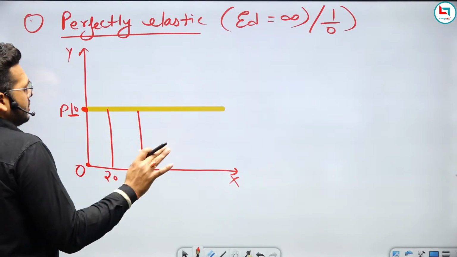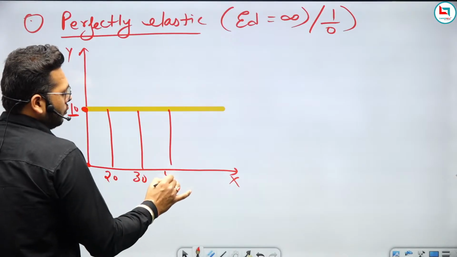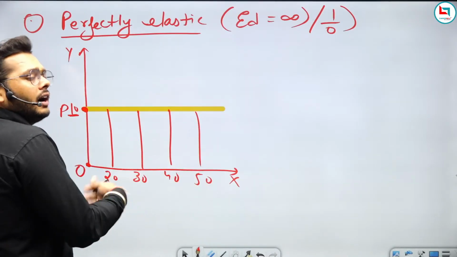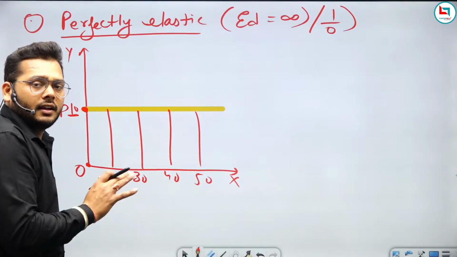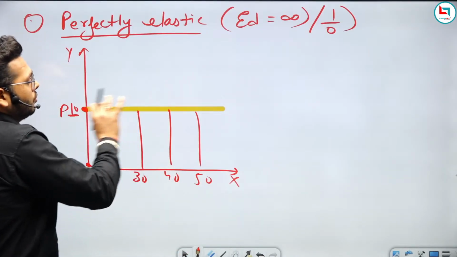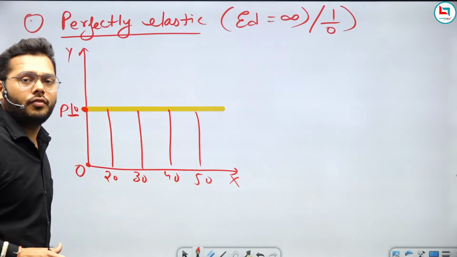Price is not changing. You are demanding sometimes 20 units, sometimes 30, sometimes 40, sometimes 50. So your demand may change infinitely. It may be less, it may be more, but there is no change in the level of price.